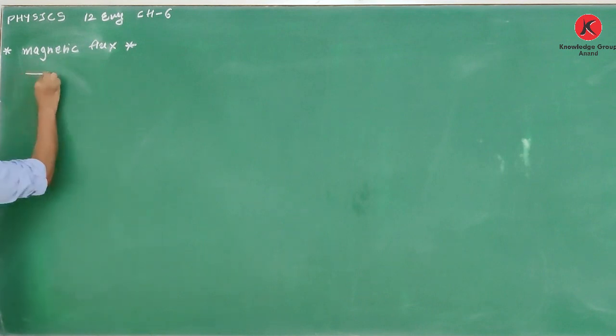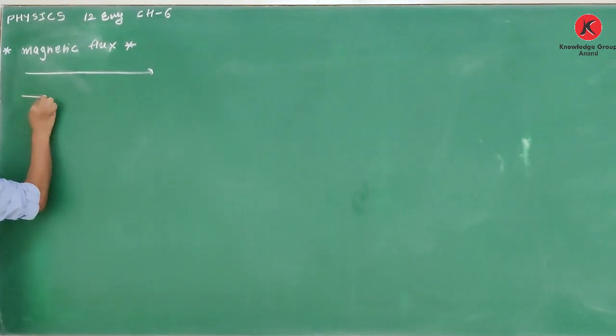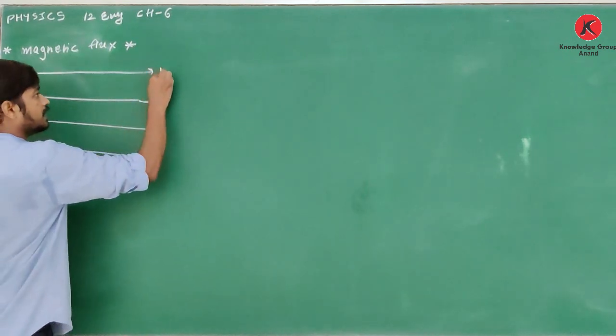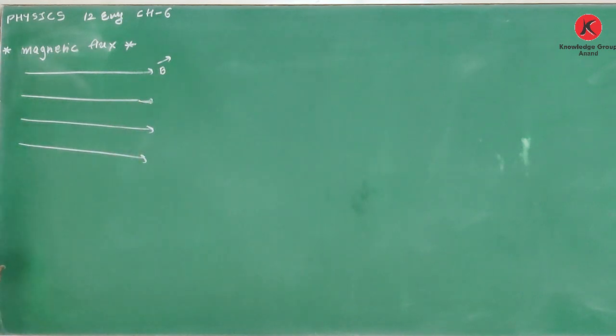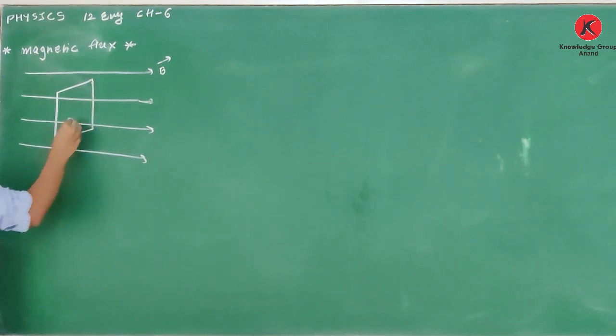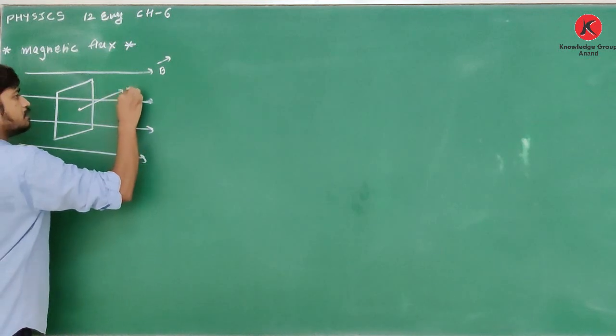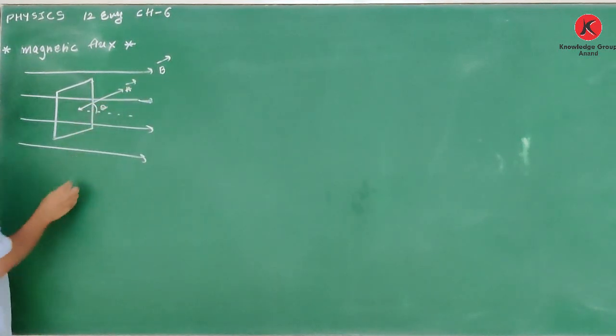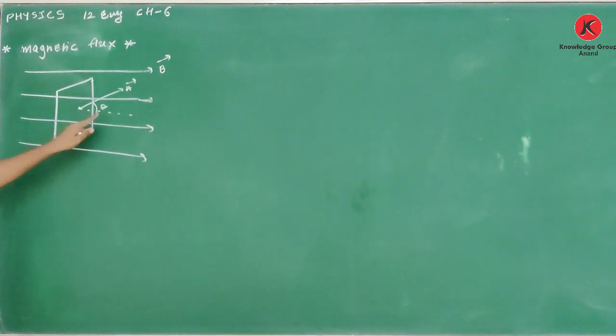If there is a uniform magnetic field B, and one plane is placed like this, suppose its area vector makes angle theta with this magnetic field.